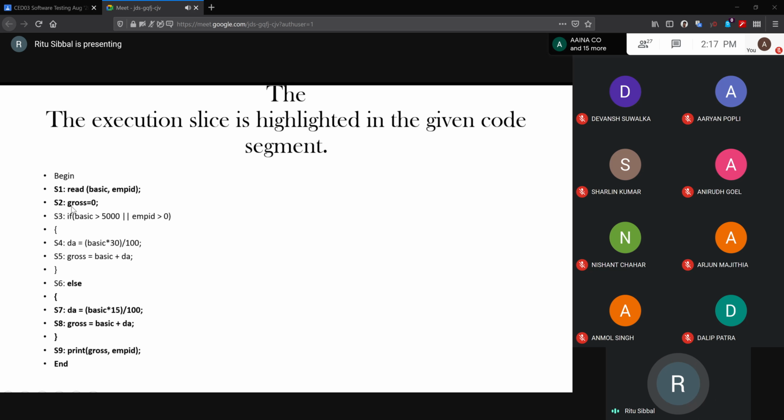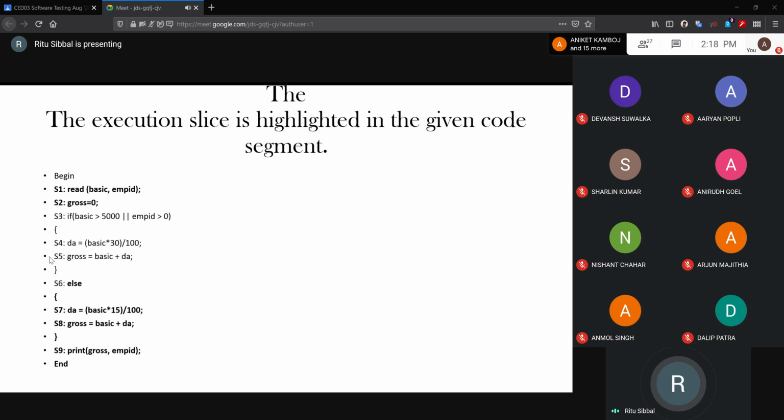Suppose there is a change in this statement. So all the statements which are highlighted will be executed. Whereas if I change here in case 3, then all of T1, T2, T3 will be executed. So on the basis of execution slice, we prioritize T3, T2 and T1.